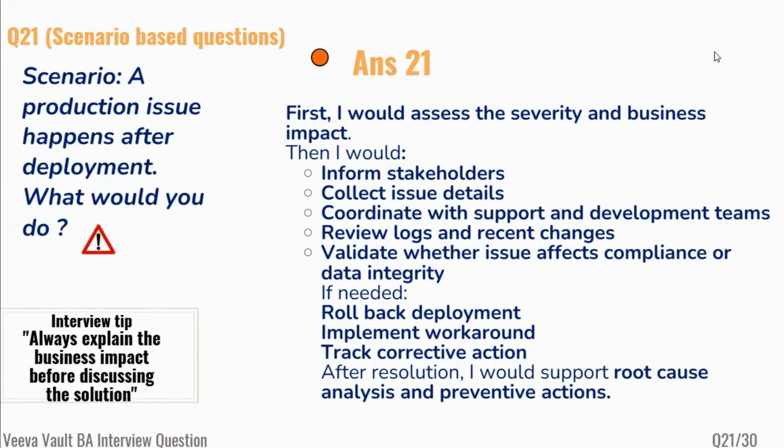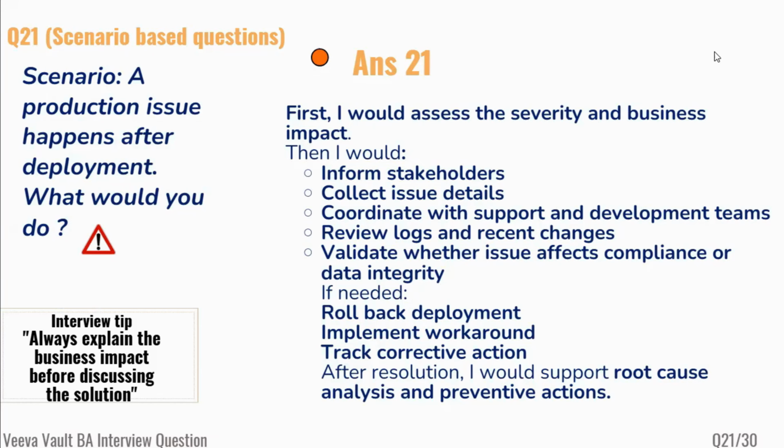The scenario is that a production issue happens after deployment. What would you do as a business analyst? First, you should assess the severity and the business impact. Then you would inform the stakeholders, collect issue details, and coordinate with the support and development teams. You can review the logs and recent changes. You can validate whether the issue affects compliance or data integrity.